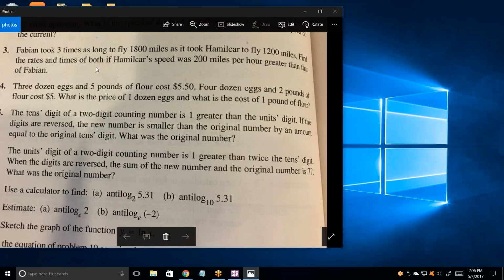Fabian took 3 times as long to fly 1,800 miles as it took Hamilcar to fly 1,200 miles. Find the rates and time of both if Hamilcar's speed was 200 miles per hour greater than that of Fabian. Well, this certainly seems straightforward enough.